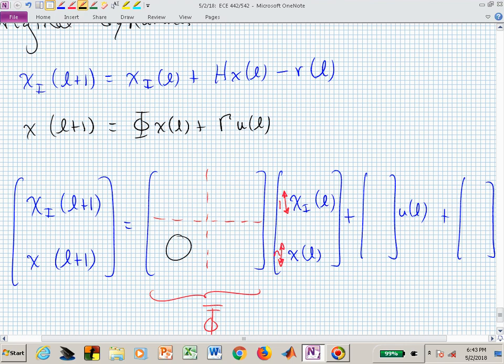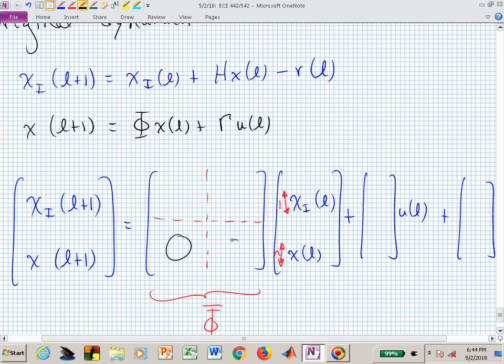How many rows are in x? How big was our state? It's n rows tall. And how wide is it? How many columns? It's multiplying x sub I. How big was x sub I? So it's now an n by 1 submatrix. So I now have n zeros stacked on top of each other. That's what that big 0 represents.